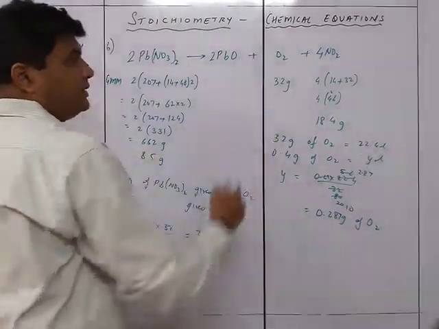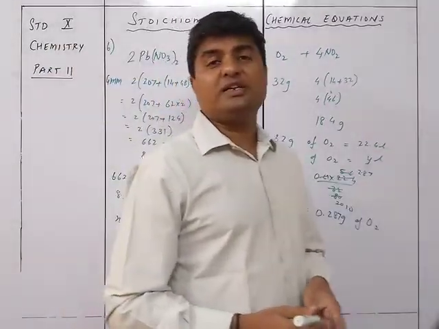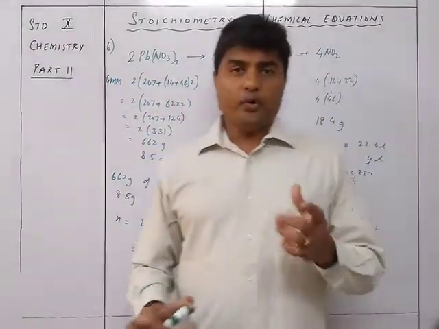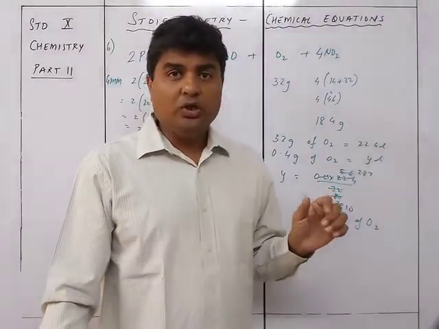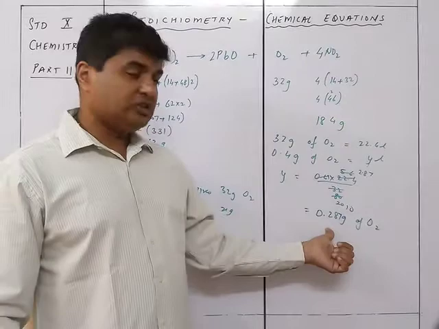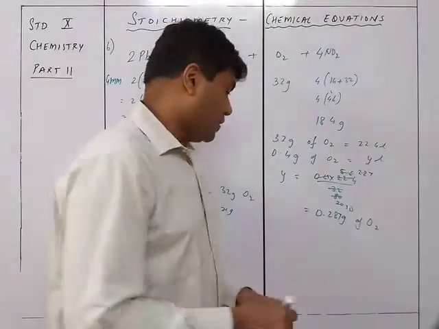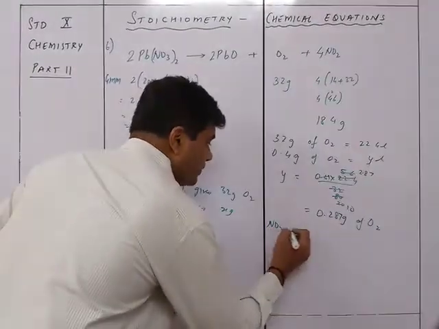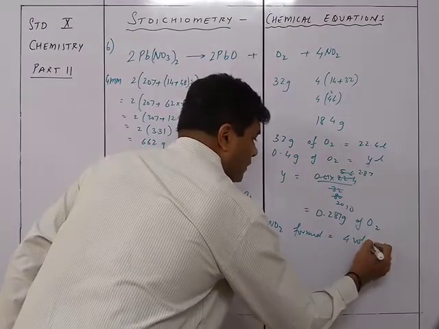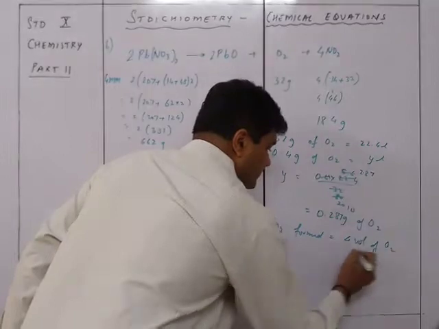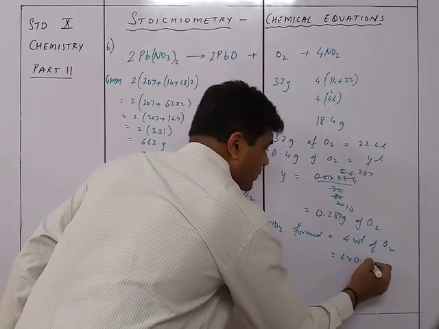Now we know that the ratio in which the oxygen and NO2 will be produced is 1:4, by Gay-Lussac's law. So if 1 volume is this much, then 4 volumes will be how much? So NO2 formed is equal to 4 times the volume of O2, that is 4 into 0.287.